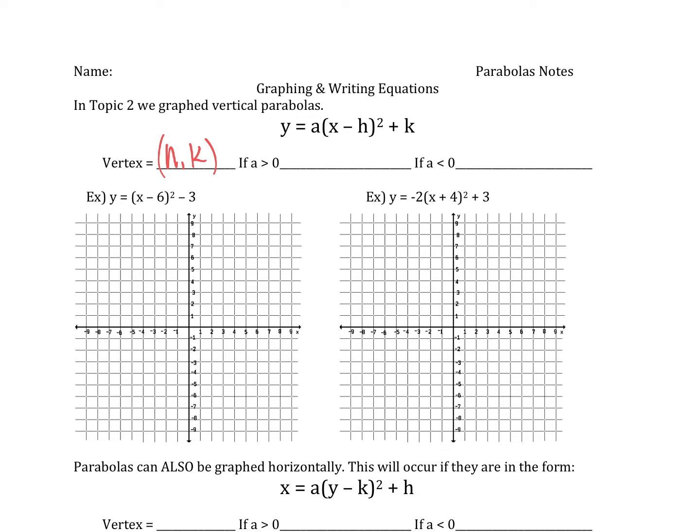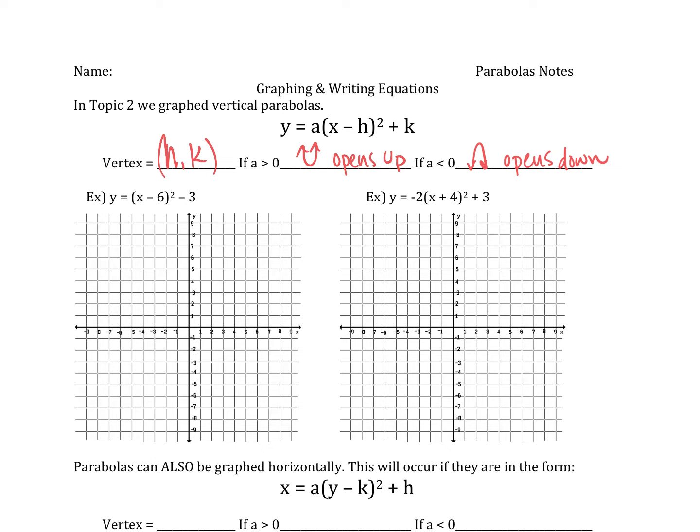If a is bigger than 0, we know that our graph opens up. If a is less than 0, we know that our graph opens down. We also know that our a determines the size of our graph.